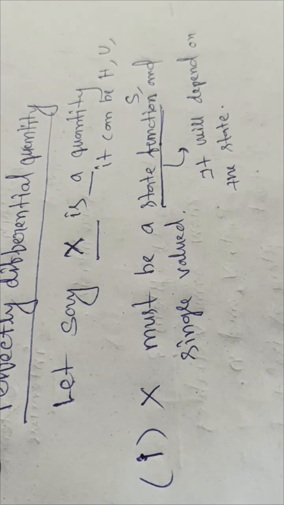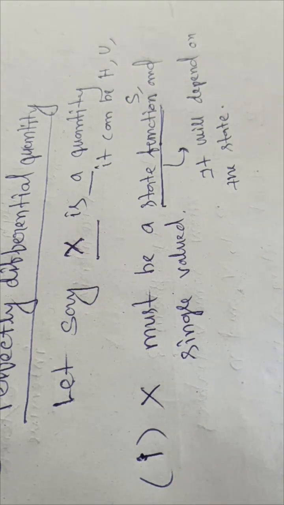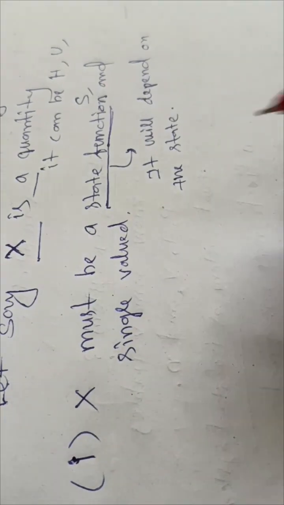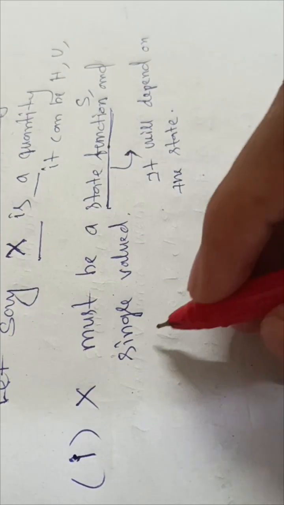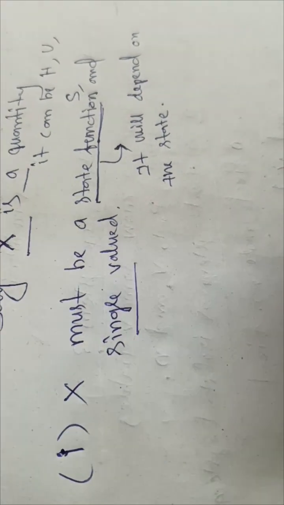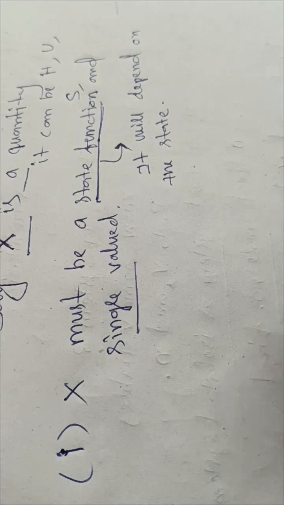That is, on which path the system goes, or in which direction it goes, it does not depend on that. It will depend only on the state of the system, like whether it is liquid or gas. So it must be a state function and single valued. That is, after differentiation it must give a single value.